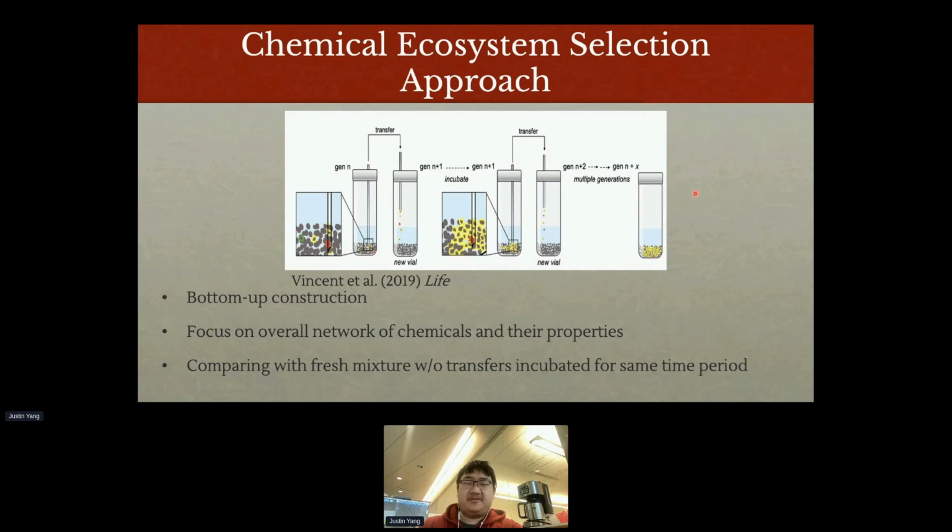The framework for attempting to select a chemical ecosystem is shown in the figure here, where you take a chemical mixture or a chemical soup and transfer part of it into a new fresh mixture of the same chemical composition, letting that incubate for a period of time before taking part of that newly incubated mixture and transferring it into a similarly new chemical tube, and so on and so forth.